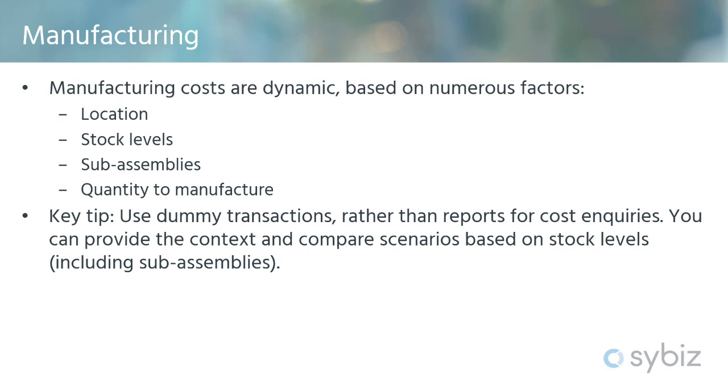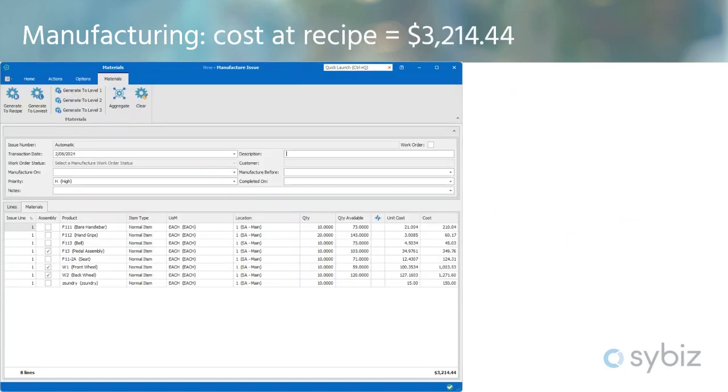So just to give a very high level example, this is a manufacturing issue that we're going to do to make 10 bikes. And if we generate this particular assembly at its recipe, the cost is $3,200.